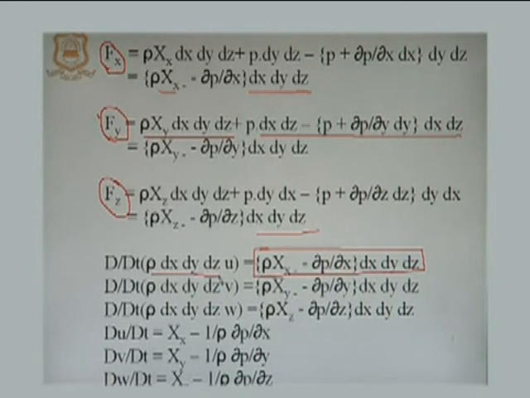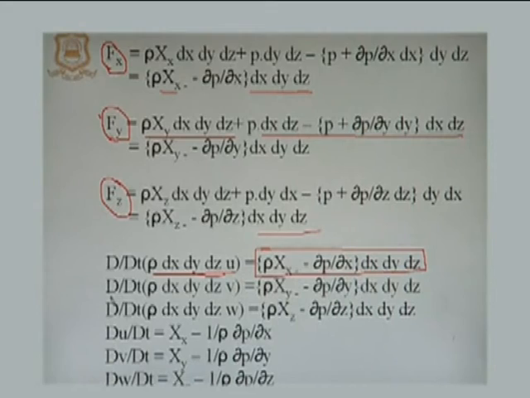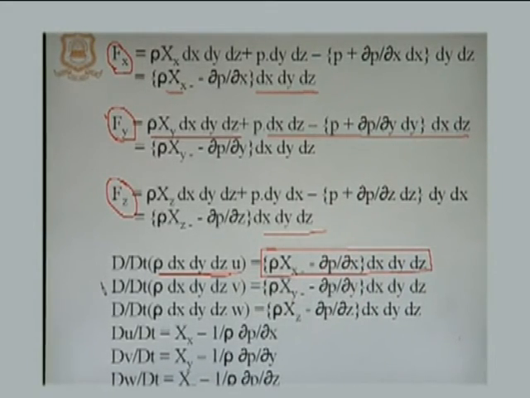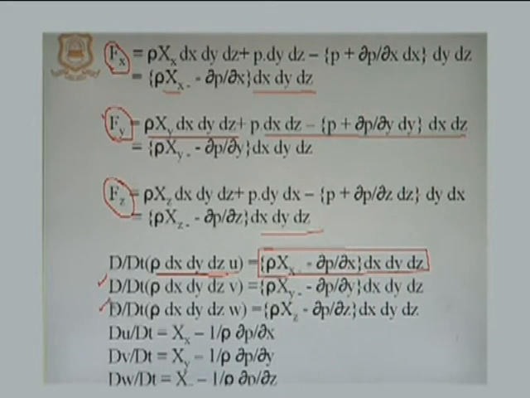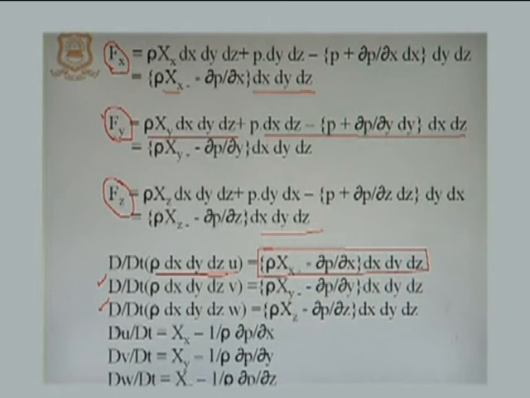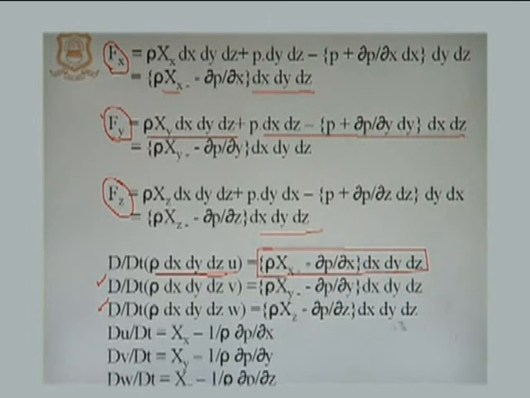This is the mass inside the parallelepiped, multiplied by velocity in the x direction, which is the momentum in the x direction, and d over dt. So, the rate of change of momentum in the x direction is equal to the force in the x direction. Similarly, we can write the rate of change of momentum in the y direction and in the z direction, equal to the force in that direction.